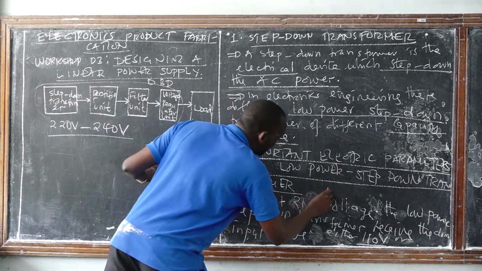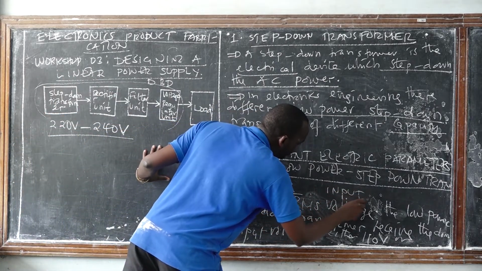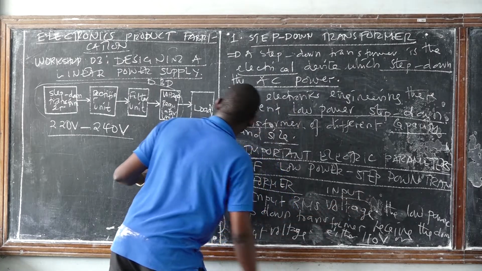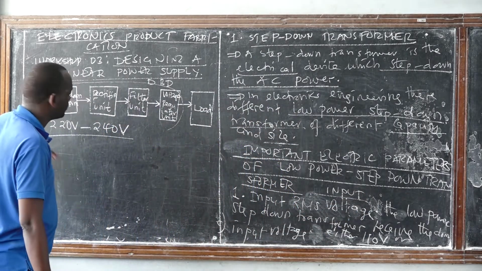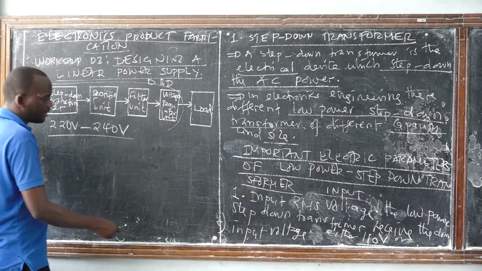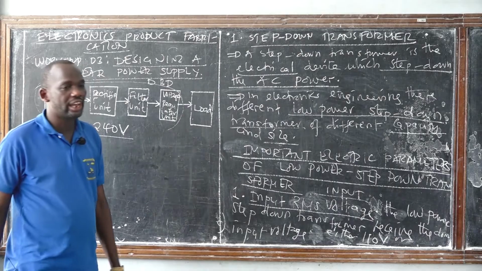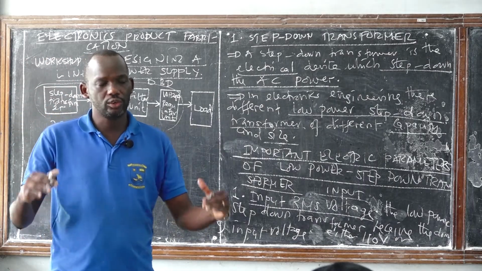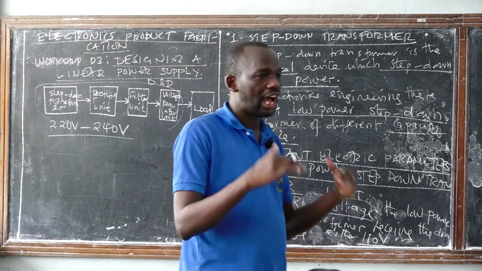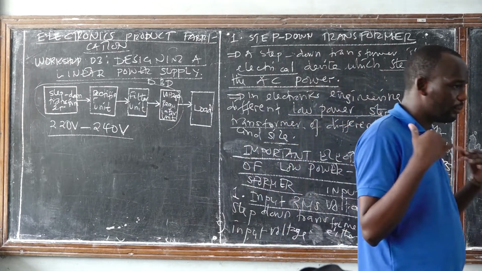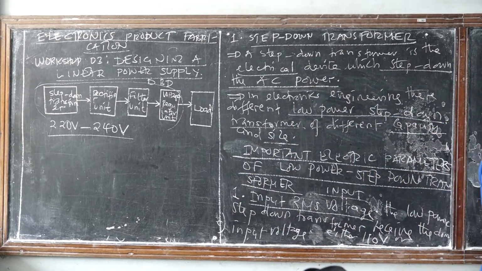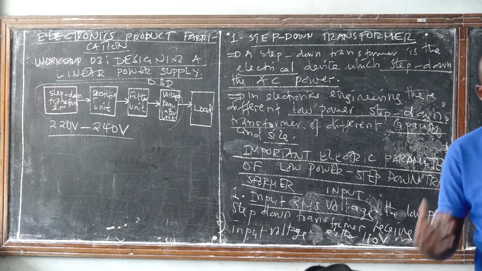So this is the input of the transformer. The first parameter which we discussed is the input root mean square voltage. For we who are living in Tanzania, our domestic root mean square voltage is 220 volt to 240 volt.